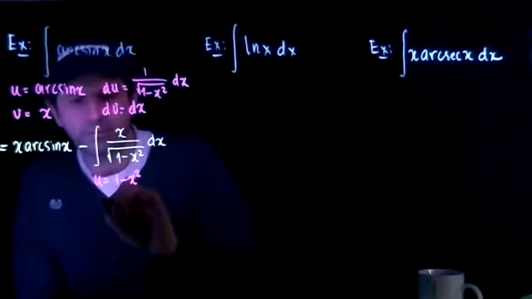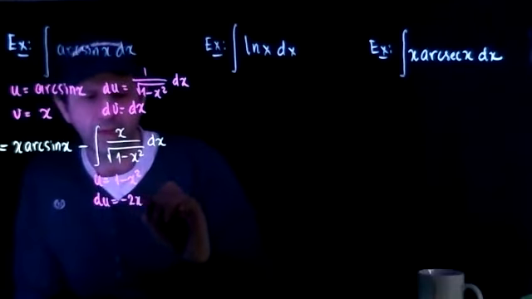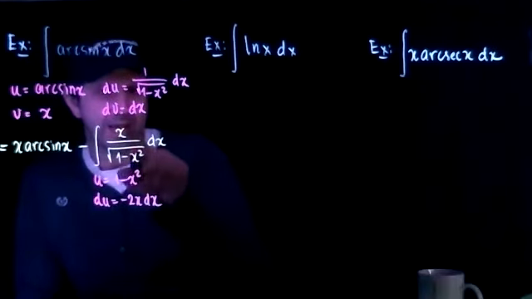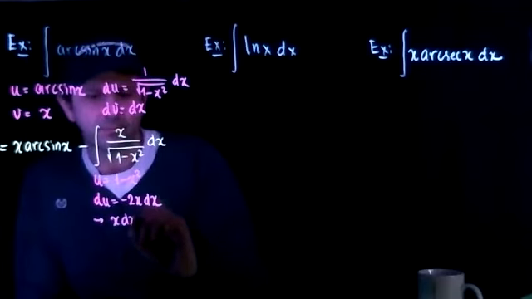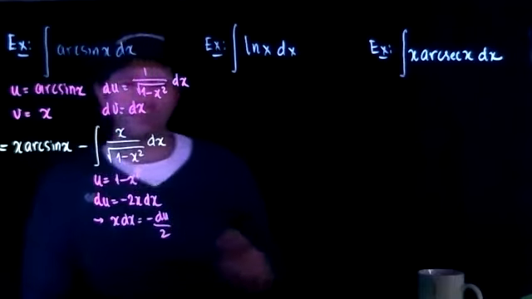So du is negative 2x dx, and therefore x dx, which is what I have here, is negative du over 2.